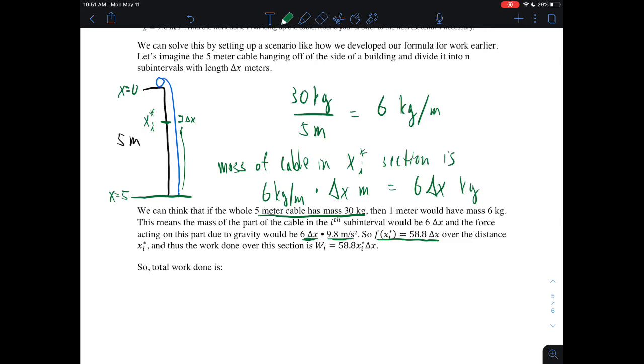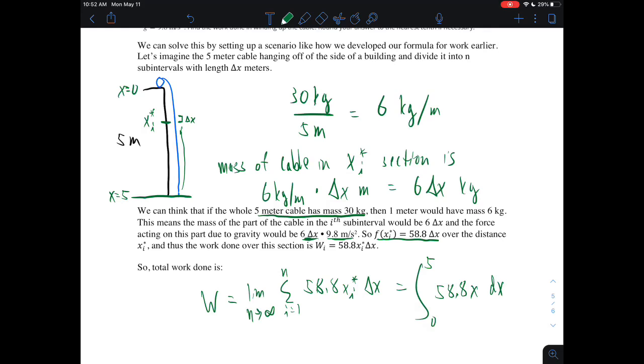So then the total work done over this section is W sub i equal to 58.8 times x sub i star delta x, where I've just rearranged the terms because we're used to, when I find the total work, looking at the limit as n approaches infinity of the sum from i equal 1 to n of 58.8 x sub i star delta x, which is really just the same thing as the integral, and now we're thinking of when x is equal to 0 to x equal 5, 58.8 times x, and then dx.